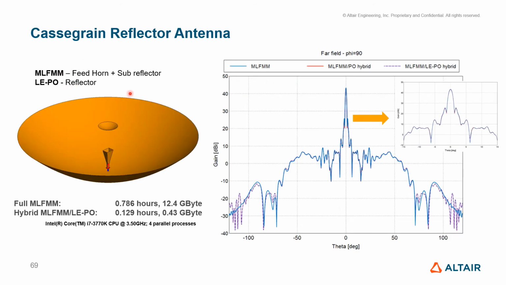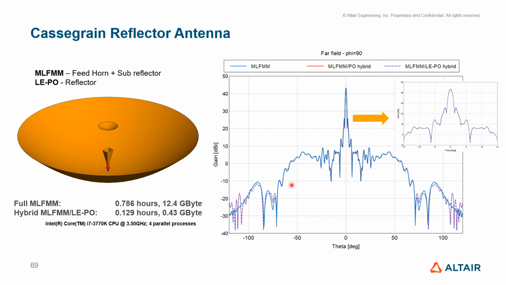As an example, we applied this to a Cassegrain reflector antenna where we applied large element PO to the reflector surface and MLFMM to the feed horn as well as to the subreflector together. And you can see very nice agreement between regular MLFMM, that is when we apply MLFMM to the whole problem, and the hybrid method where in one case we applied physical optics to the reflector, in the other case we applied large element physical optics.